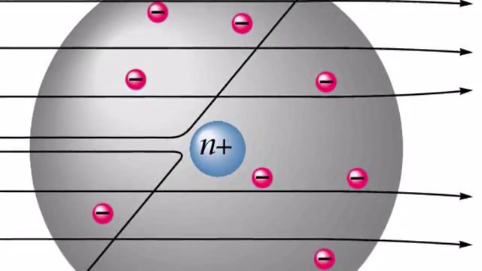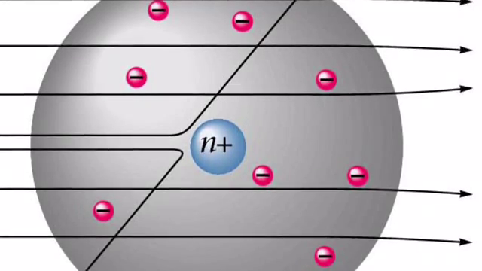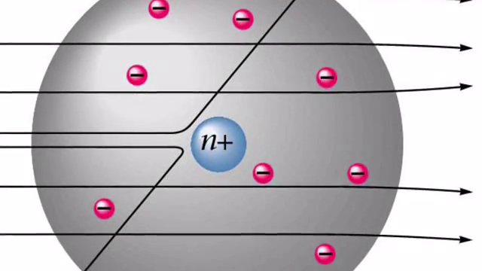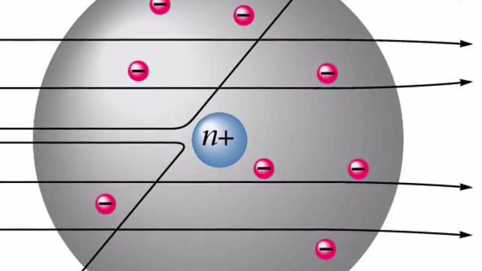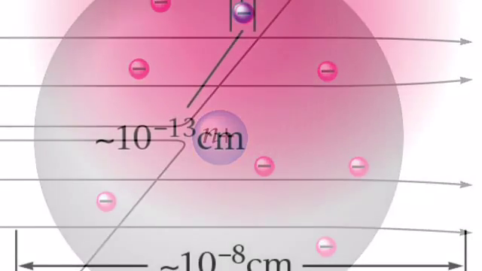That's in fact what he saw in his results, that yes, the alpha particles did get reflected when they encountered the central nucleus. And that's how he knew that was correct.